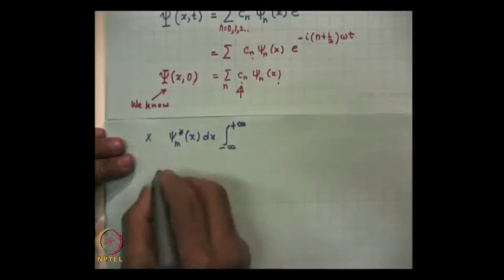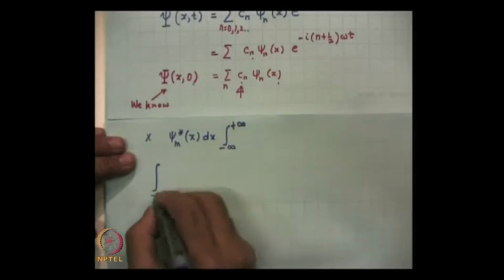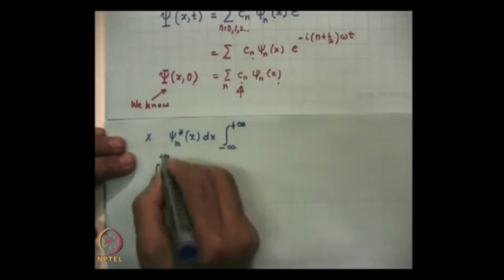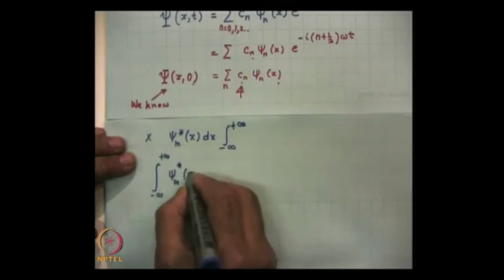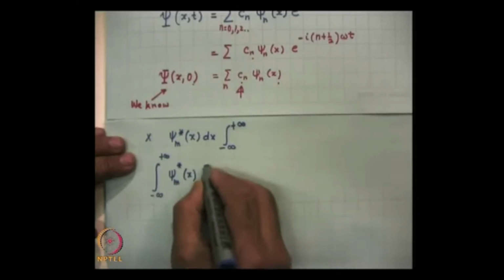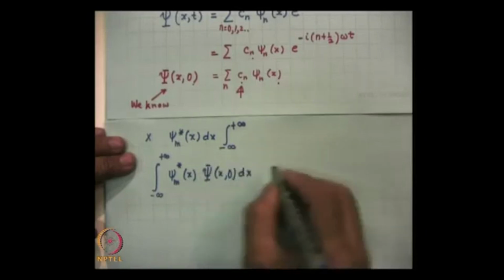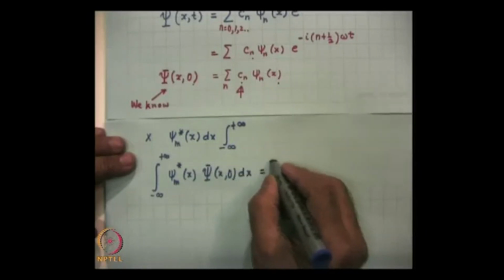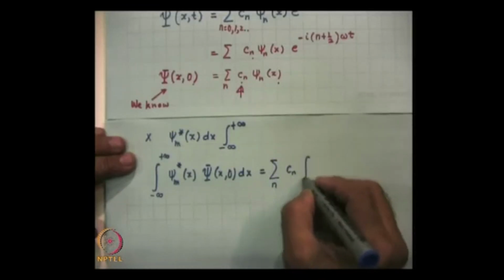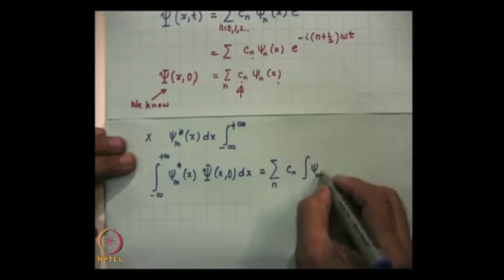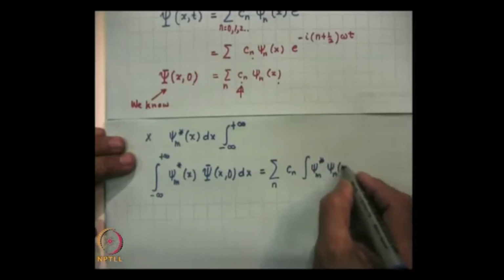So, the left hand side will become, all limits being from minus infinity to plus infinity, integral psi m star of x psi of x comma 0 dx is equal to summation C n integral psi m star of x psi n of x dx.